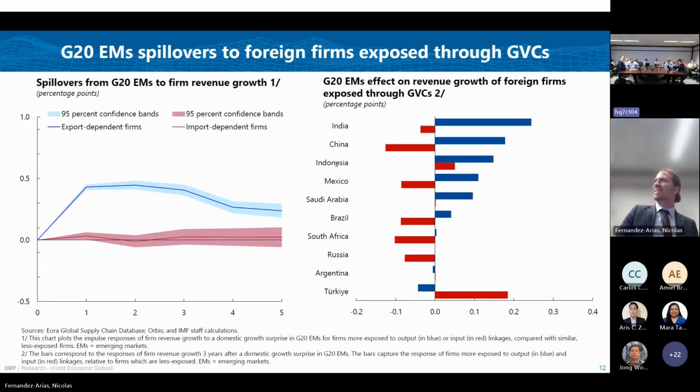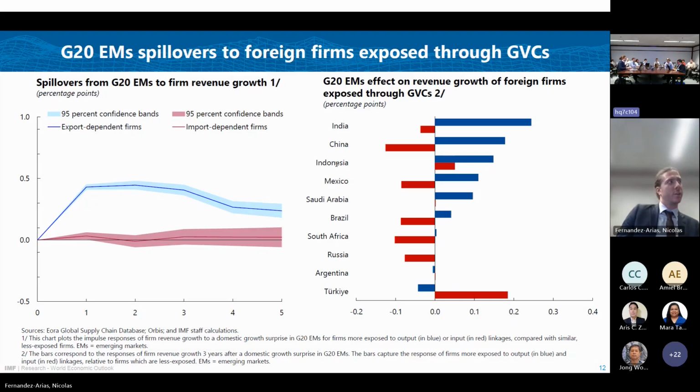So turning to the next empirical analysis that we do here, with firm-level data, looking at how the sector of the firm affects its sensitivity to growth fluctuations in G20 emerging markets. On the left, we find that firms that depend on G20 emerging markets for demand see an important boost to revenues associated with a positive growth surprise in G20 emerging markets.